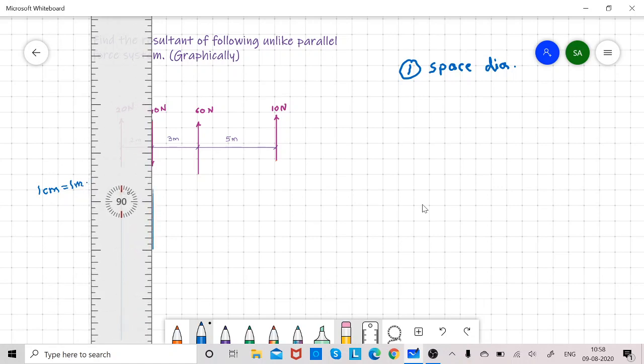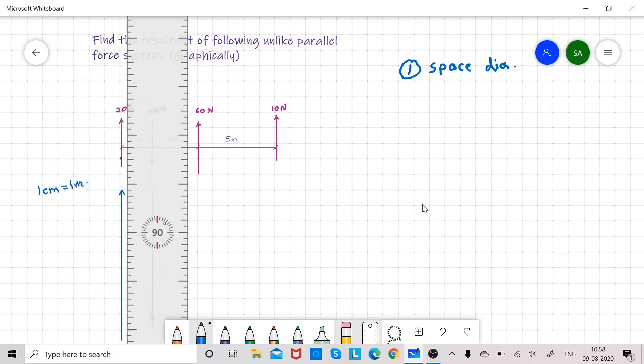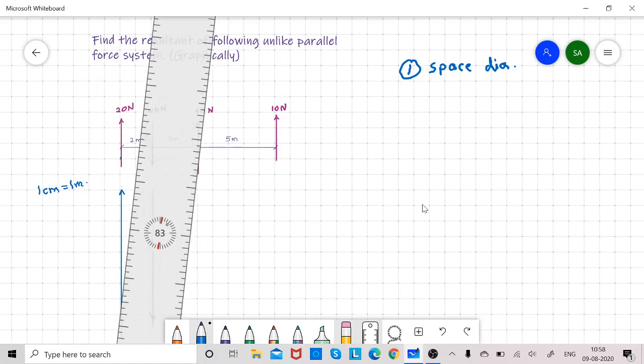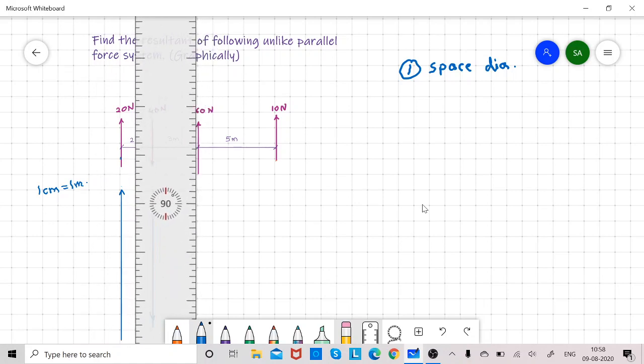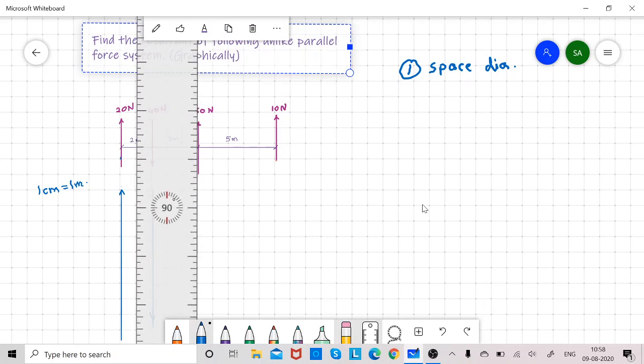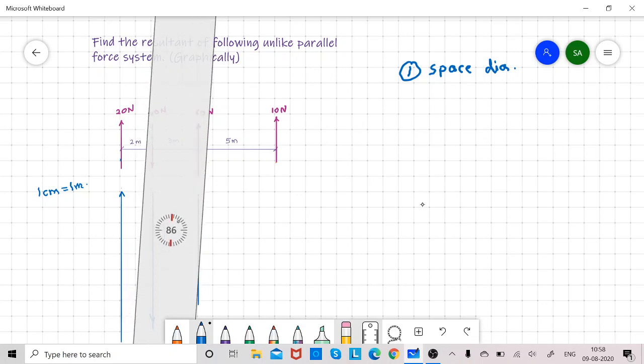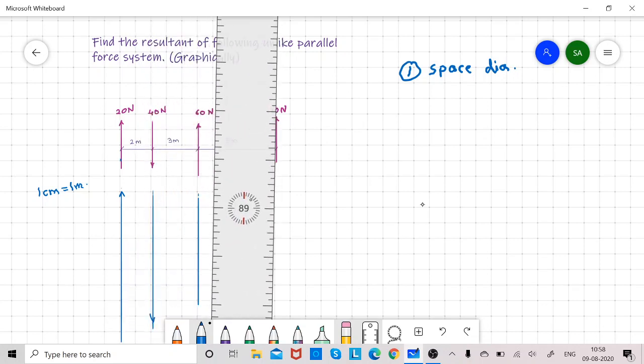In a space diagram only the spaces are given some suitable scale. So I am drawing the space diagram considering 1 centimeter distance equal to 1 meter, like this.